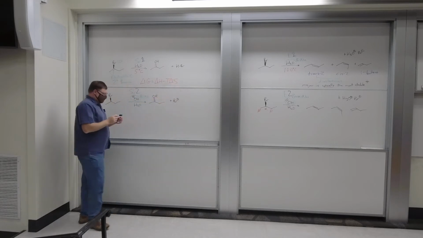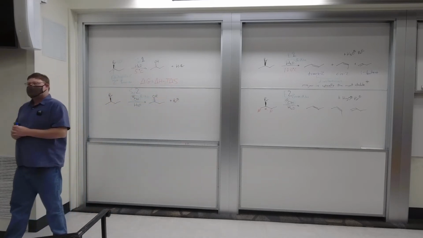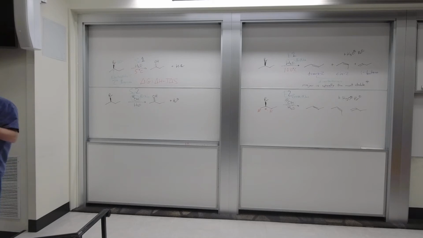This equation that I've written up a few times applies to any reaction or any process, an equilibrium process, conformational change, a chemical reaction, a phase change, all of that. The Gibbs free energy of the process is equal to the change in enthalpy minus the temperature times the change in entropy.